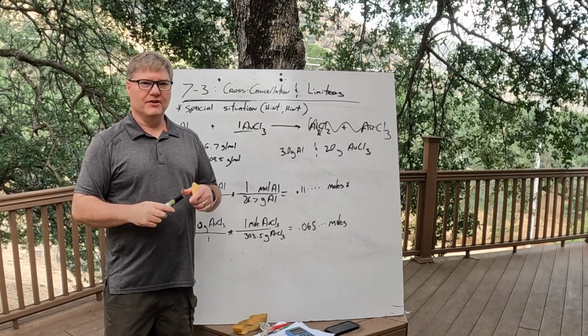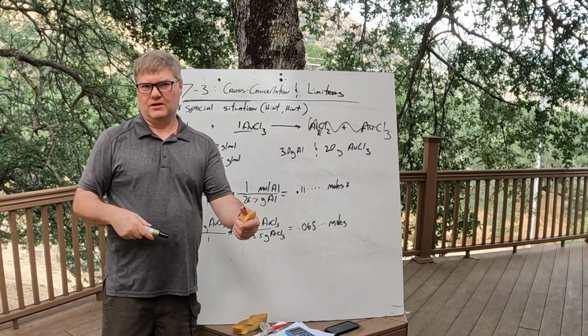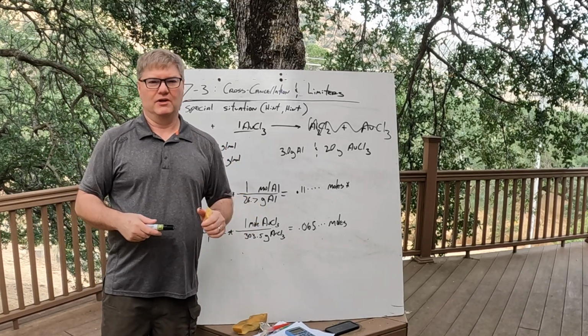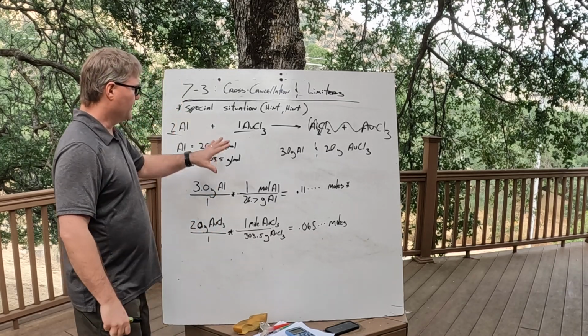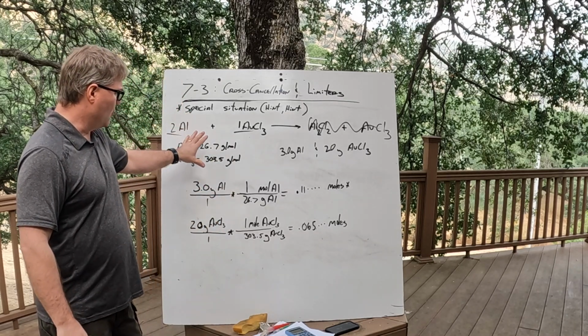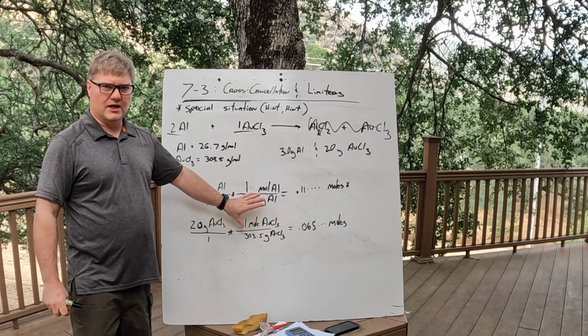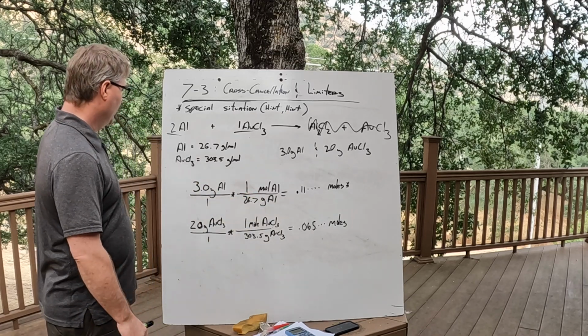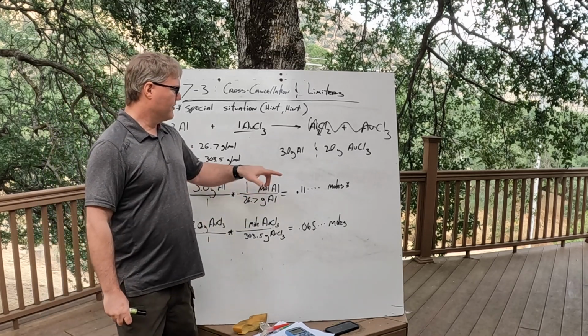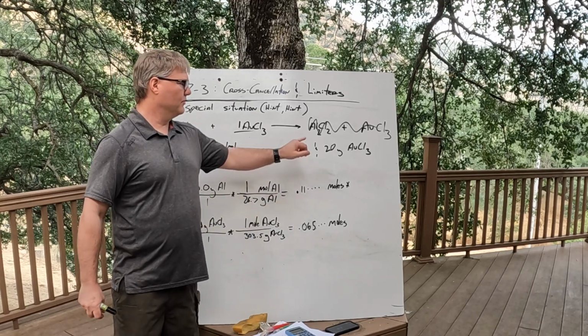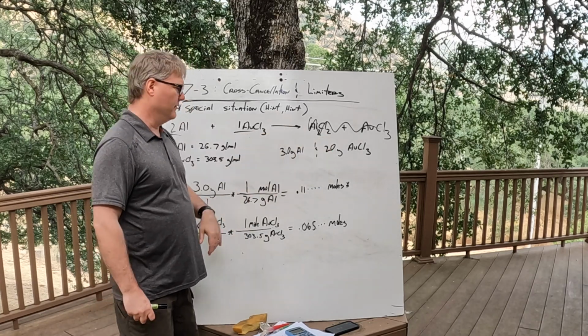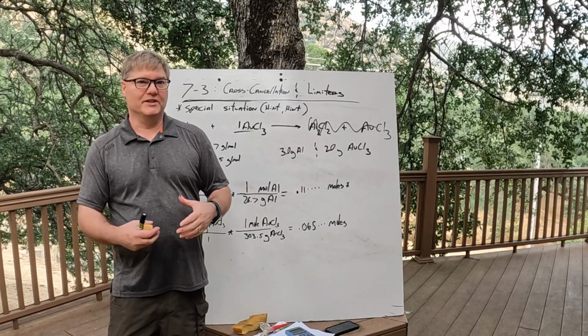I want to show you how this might trick you. So I went ahead and solved for this the standard way, using cross cancellation. Suppose we had 3 grams of aluminum and 20 grams of gold chloride, and we want to figure out which is the limiter.